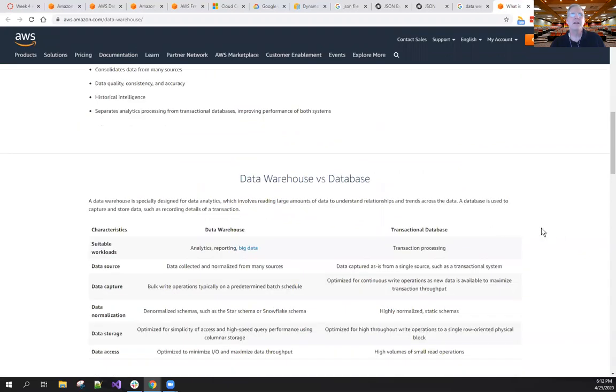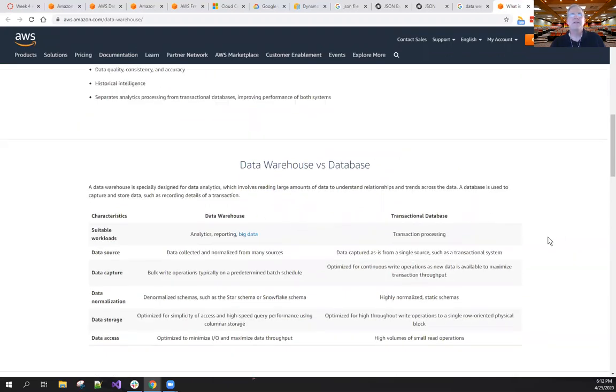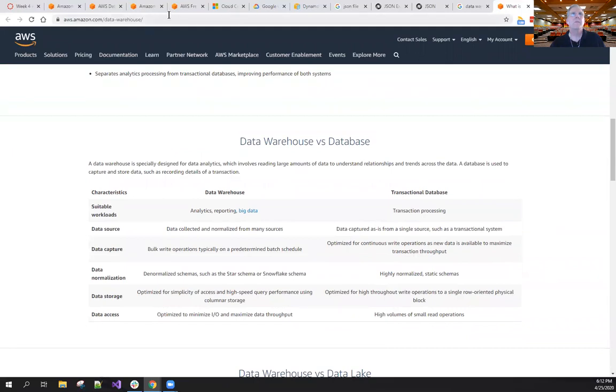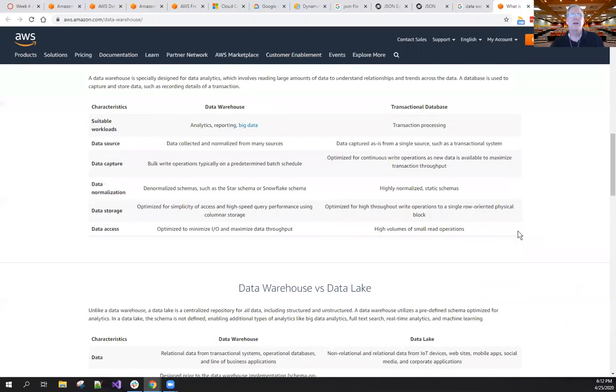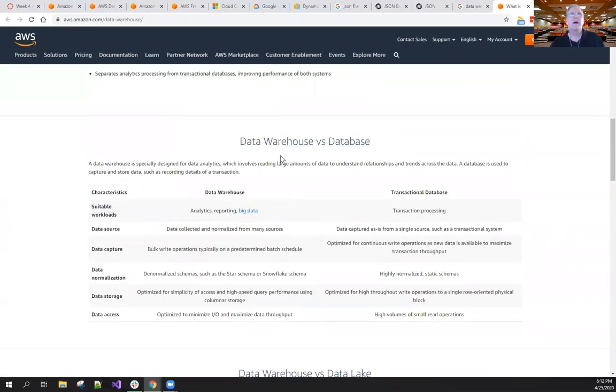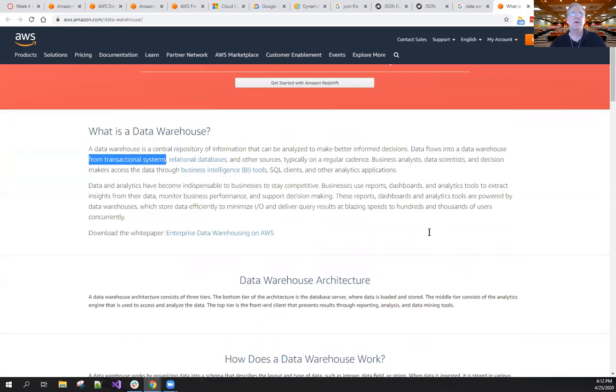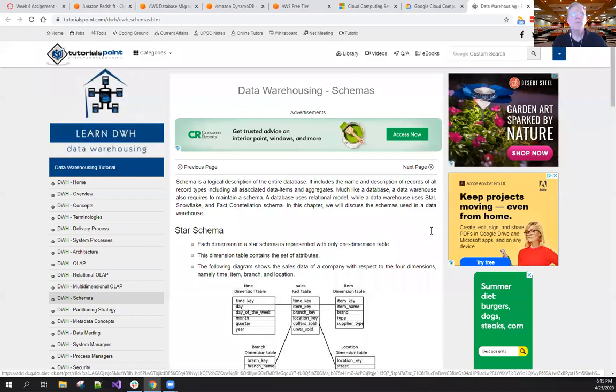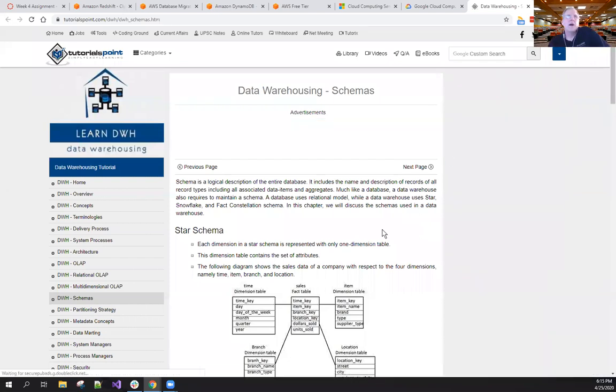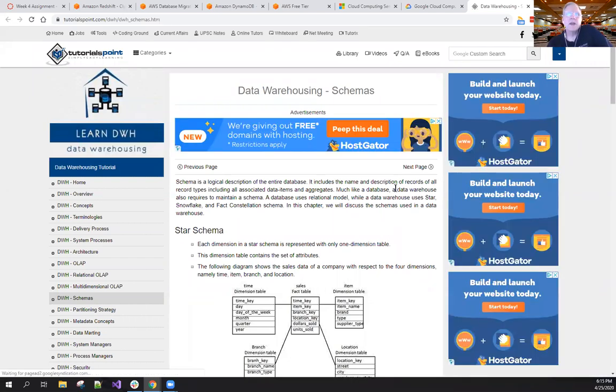And ours is a transactional system. Here is a nice comparison between data warehouses and a database. It's like apples and oranges. You can house a data warehouse in a relational database, but the schema is different. It's not like the transactional database schema. Data warehousing has a different schema altogether.